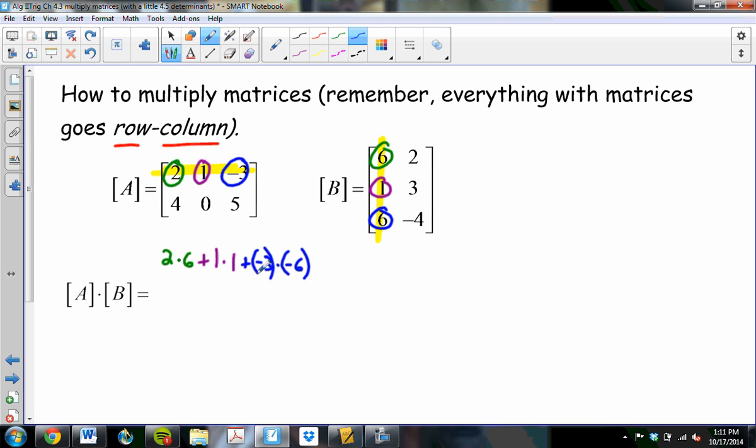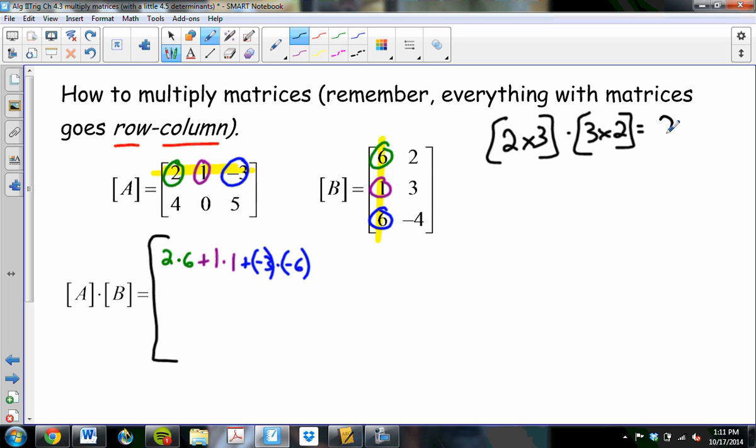That is just going to occupy one cell in my new matrix. Remember, this first matrix was a 2 by 3 and the second matrix, matrix B, was a 3 by 2. So it's going to become a 2 by 2 matrix.